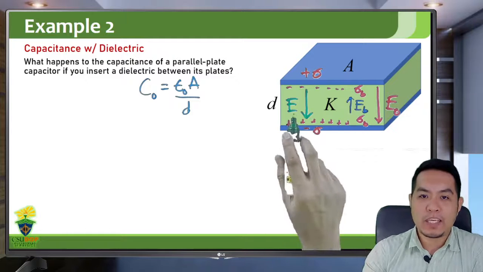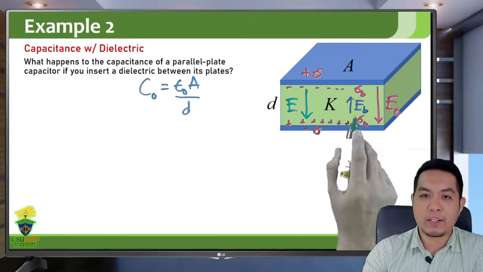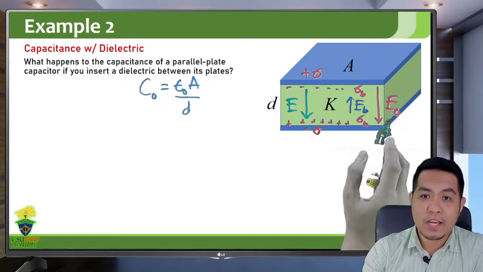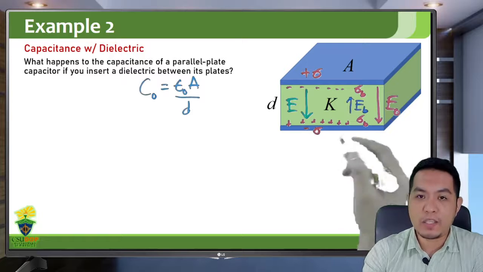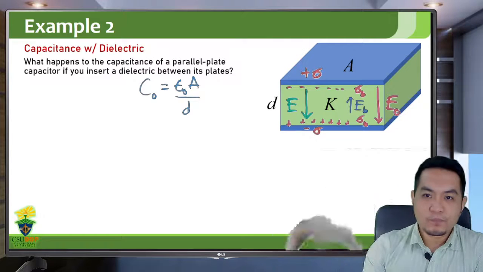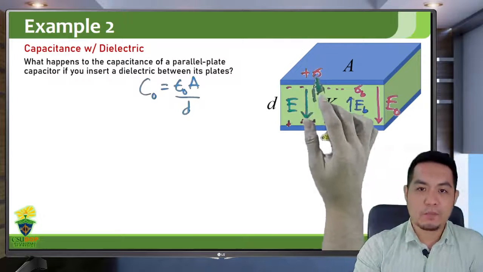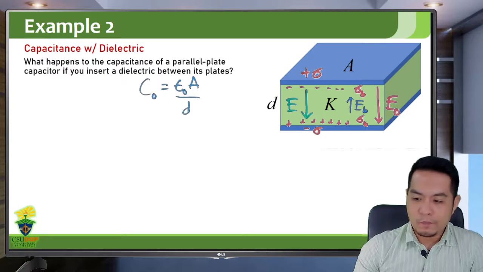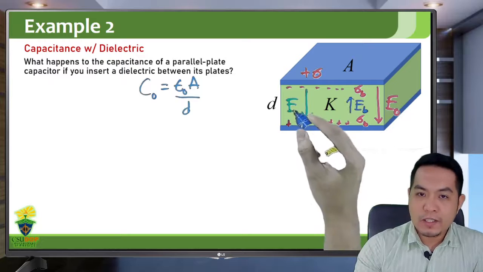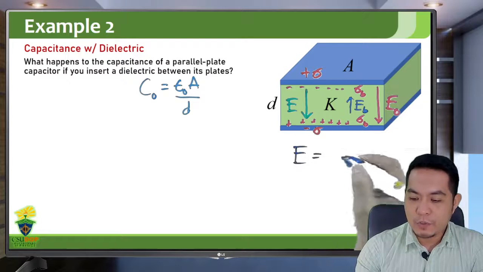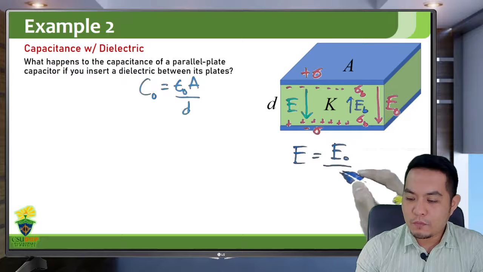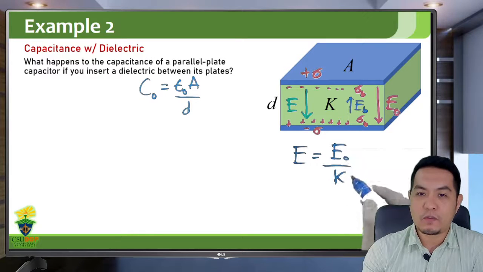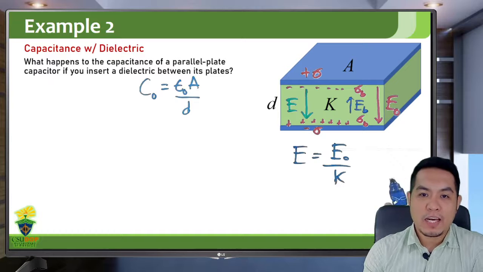The net electric field E is still downwards because the electric field due to the bound charges is much weaker than the electric field due to the free charges, positive sigma and negative sigma at the upper and lower plates. This electric field is now E naught over k, smaller by a factor of 1 over k as compared to the original electric field.